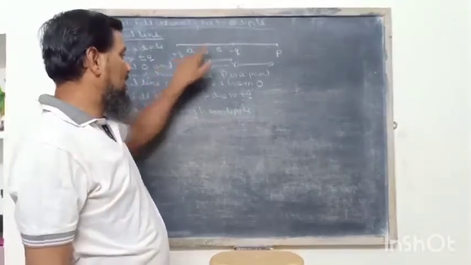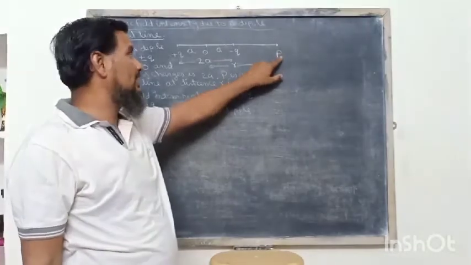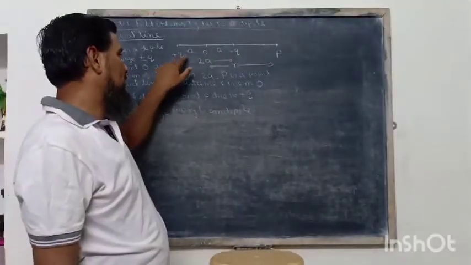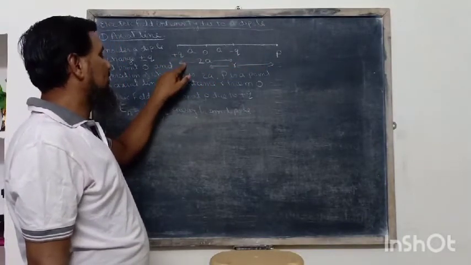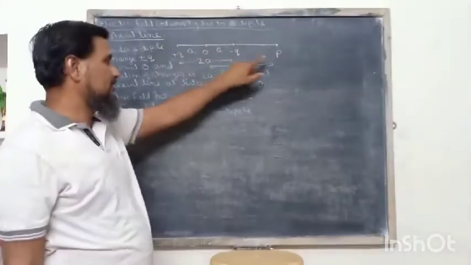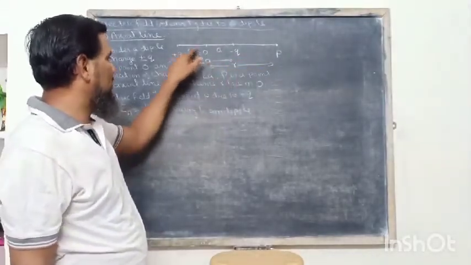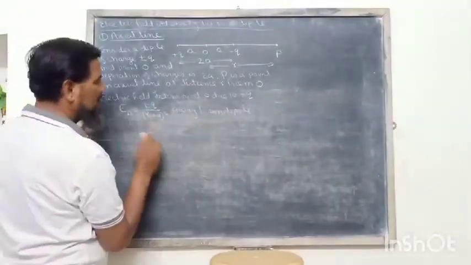This is the plus q charge, this is point P. Considering a positive charge at P, it is repelled by this charge, so according to the formula KQ upon r square, the distance from this charge to this point is r plus A, and the direction will be opposite to the dipole.